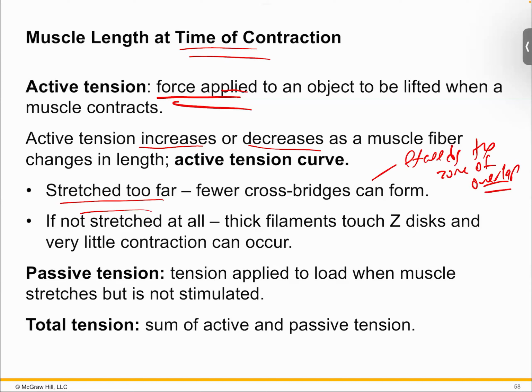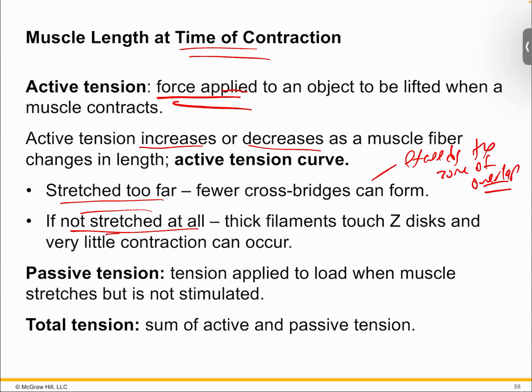So I don't want to do that. I do want to stretch though, right? I want to stretch the sarcomere out so that I can get maximum contraction, but not so much that I overextend it and start to lose cross bridges because I'm exceeding that zone of overlap, right? I want as many myosin heads to match up with my actin as possible.